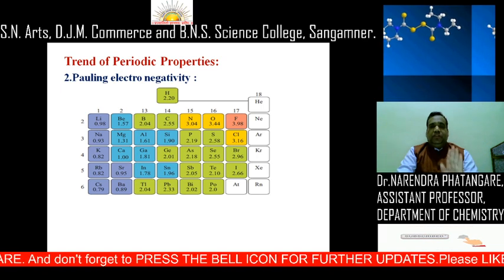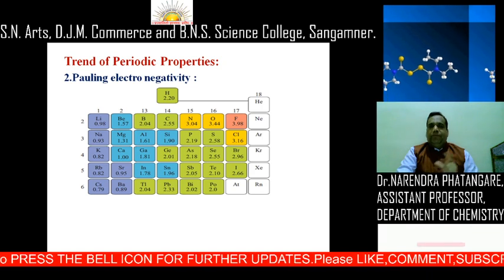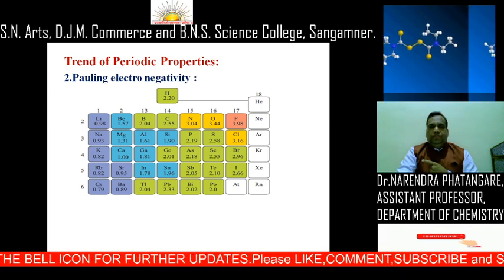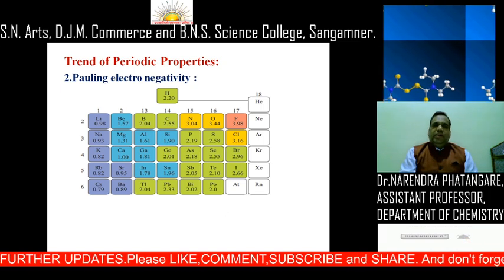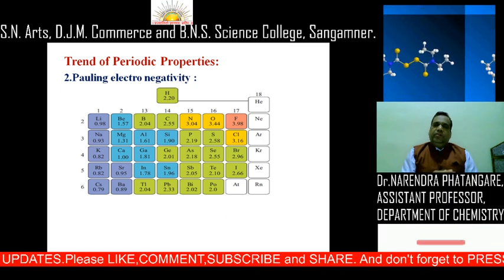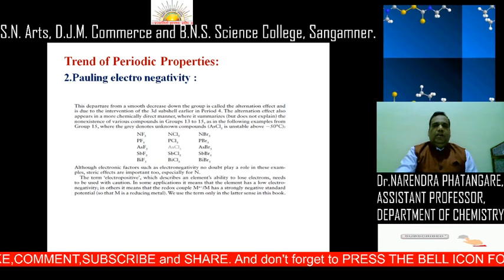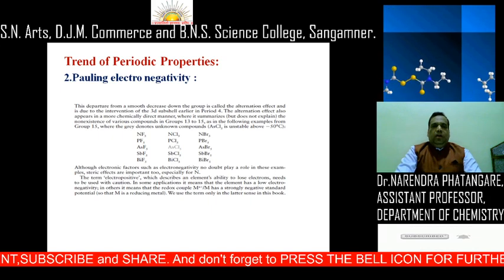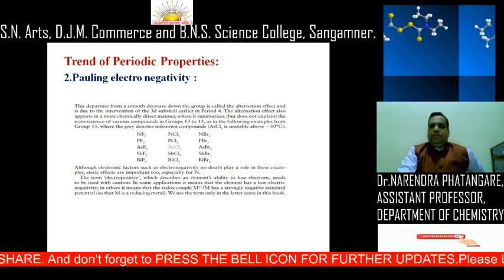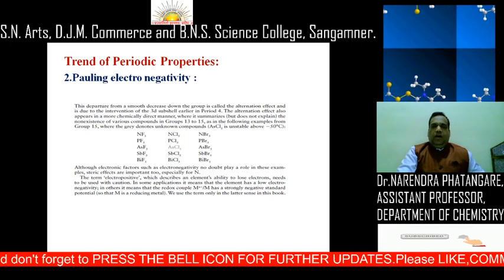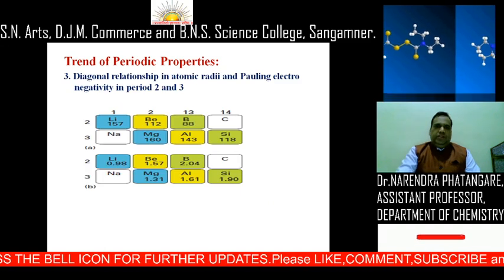The difference between them is smaller compared to lithium to fluorine, so we have to remember it in a simple way. That means we can simply say that from left to right electronegativity increases, and from top to bottom it decreases. This is the example of the halides of the nitrogen family, NF5, NCl5, NBr5, halides with fluorine, chlorine and bromine.